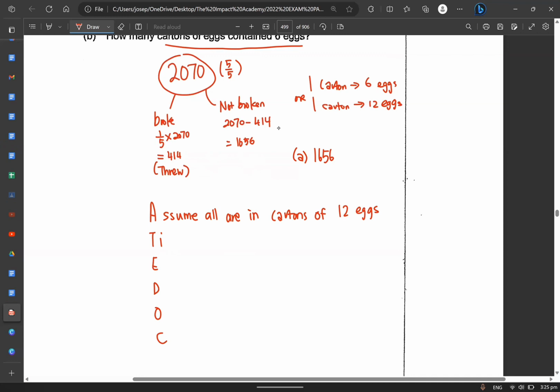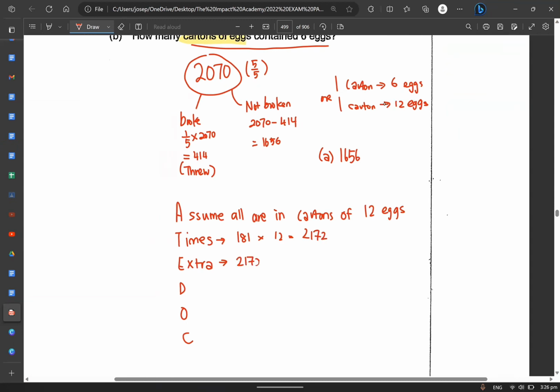Since this person packed 181 cartons, I'm just going to do 181 times 12. We get 2172, and then I'm going to find the extra. The extra is simply 2172 minus the actual, which is 1656. So 2172 minus 1656, we get 516.